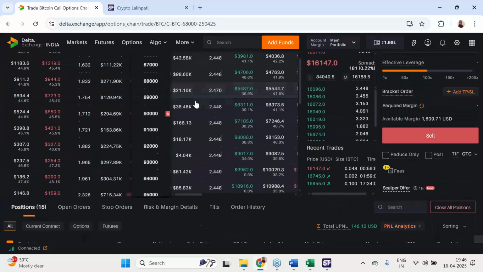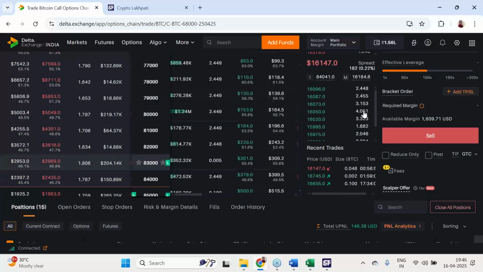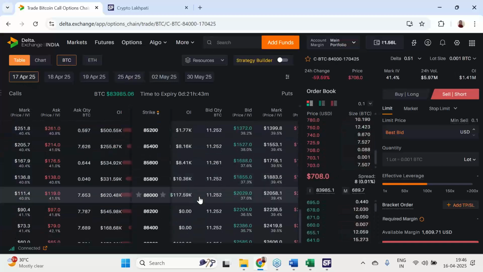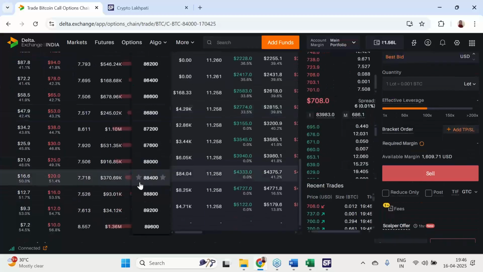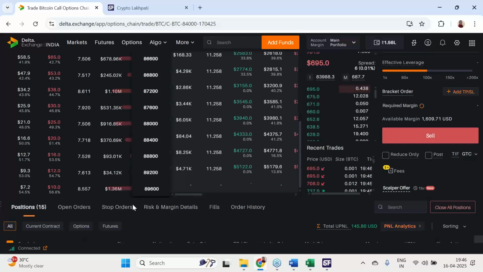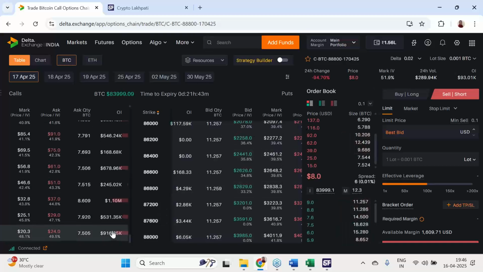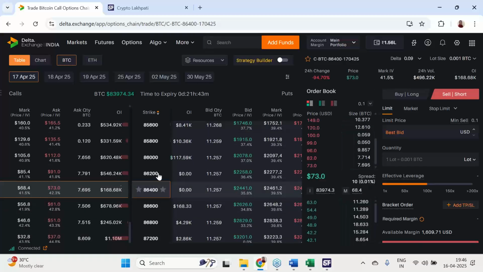Suppose you go for a far out of the money option. Say on the 17th, I'll get many far out of the money options, which have very, very less probability to become in the money, but there also they will make delta as 0. The moment IV crosses 100 for out of the money, the delta will become 0.